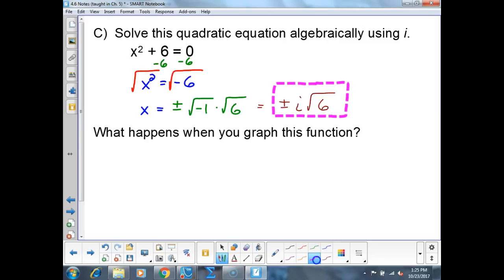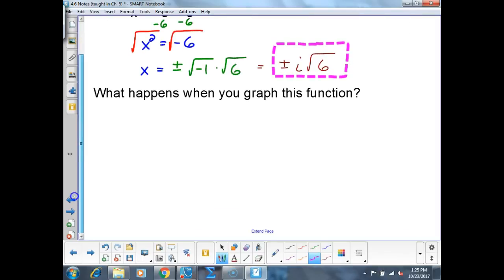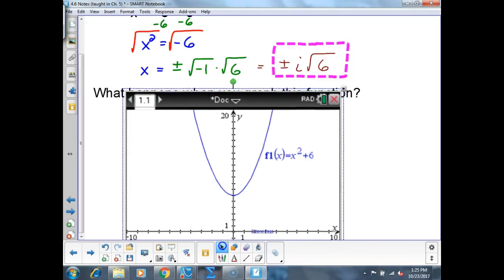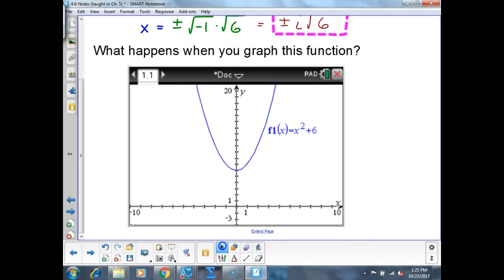What happens when we graph this function? Well, if I were to graph this function, it would look like that. Okay? And zeros, solutions, answers, if you will, to a function are where the function crosses the x-axis.